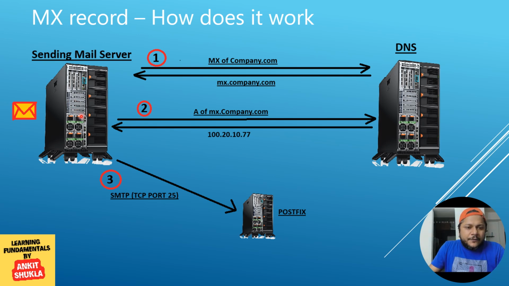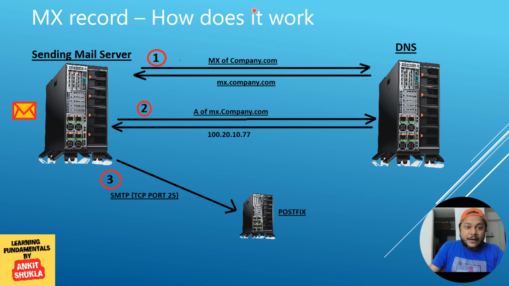So if you see on the left hand side, this is your sending server. This is my DNS, my authoritative server. The remote server queries the DNS server that it needs the MX record for example.com, or let's say company.com.